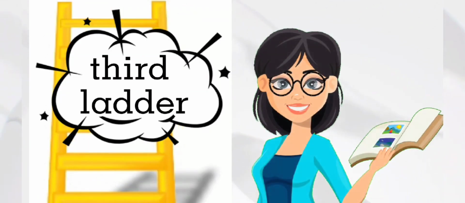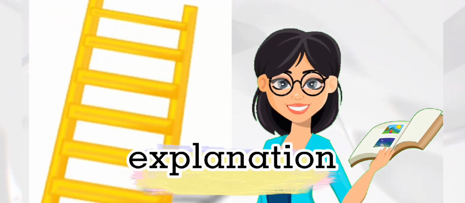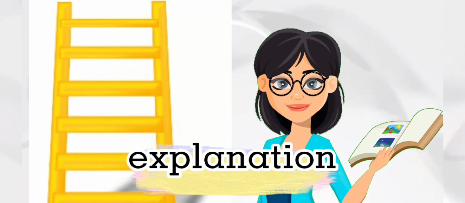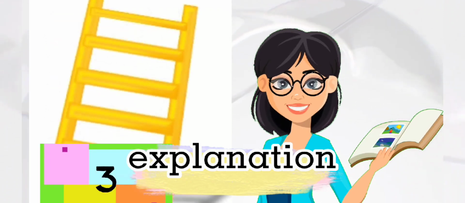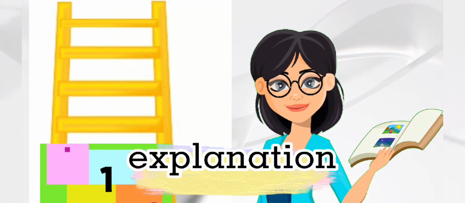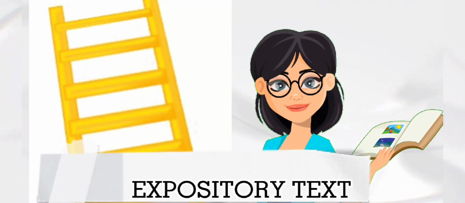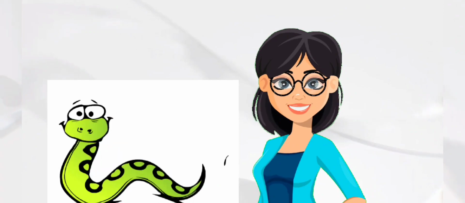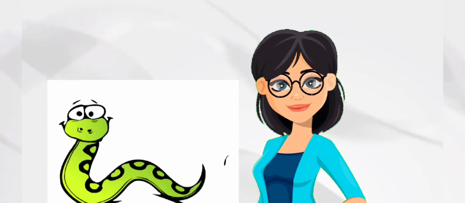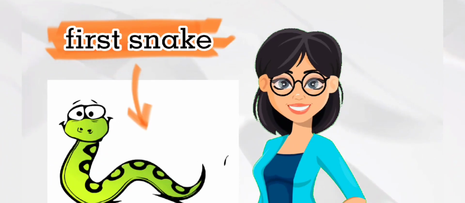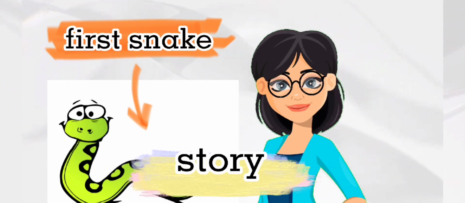The word clue in the third letter is explanation. What text type explains something? Good job! It is expository text. What is the answer to the first snake with story as the word clue?